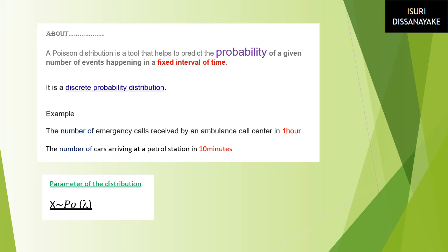Next example, the number of cars arriving at a petrol station in 10 minutes. Number of cars, how many cars? That is discrete. And the fixed interval of time is 10 minutes. So the Poisson distribution refers to the probability in a fixed interval of time.